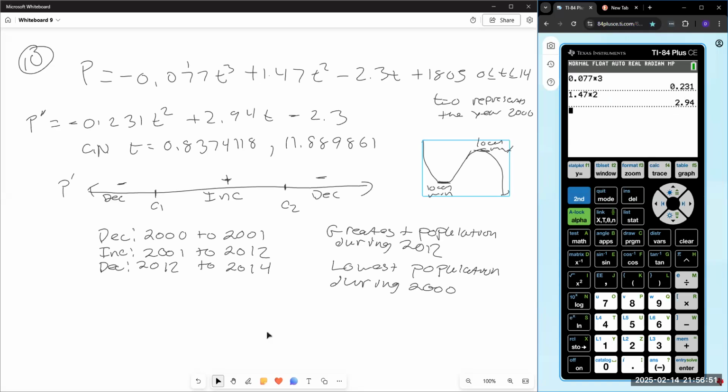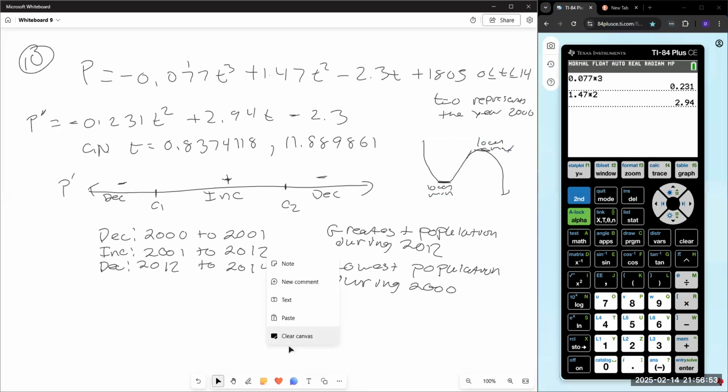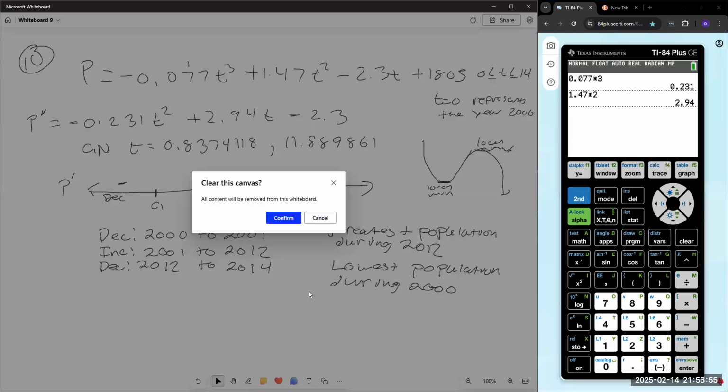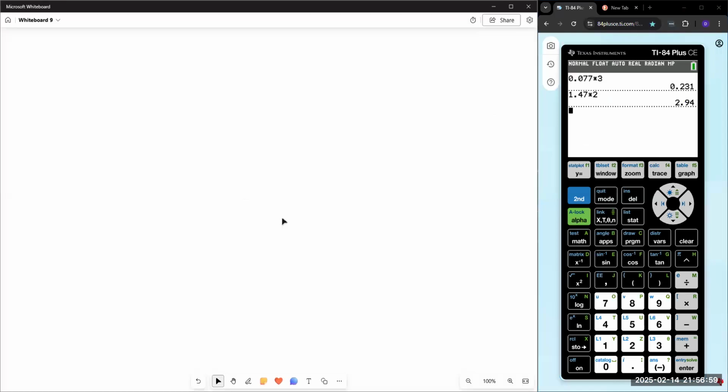Let's go ahead and move on to number 15 from this quick quiz. By increasing the advertising cost X in thousands of dollars for a product, a company discovers that it can increase sales S in thousands of dollars according to the model.